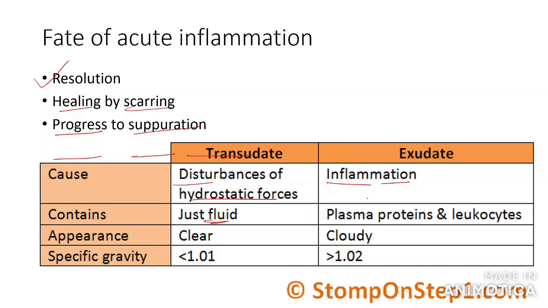But exudate will have plasma protein and leukocytes. So when we talk about protein contents of transudate and exudate, we know that protein is present majorly in exudate, right? That's why the appearance also differs. Here it is clear and here it is cloudy. And specific gravity is less than 1.01 in transudate and more than 1.02 in exudate.